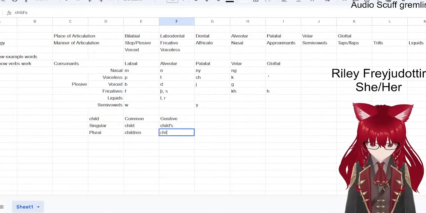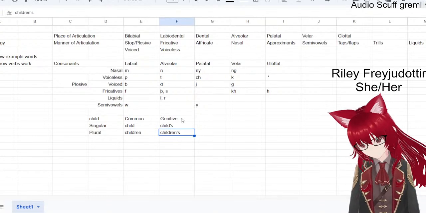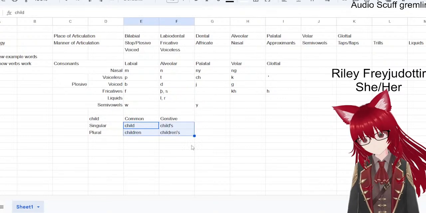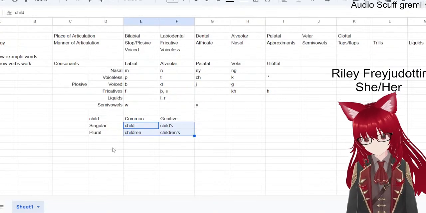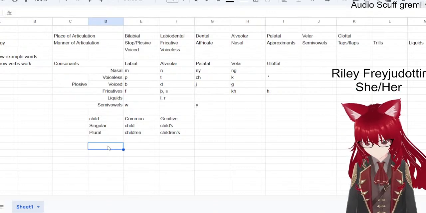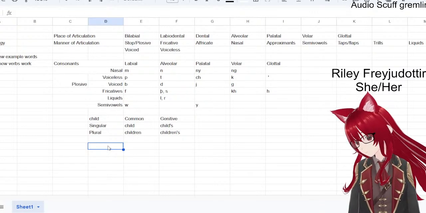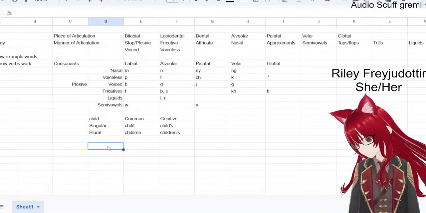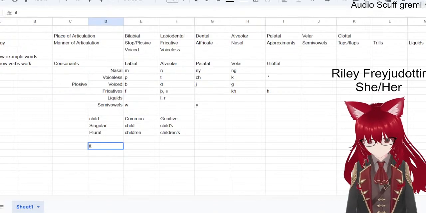And then the genitive plural is children's. So you can see that these are actually the four forms that a noun takes in English. You can also see this more easily with pronouns as well. For instance, let's say it.